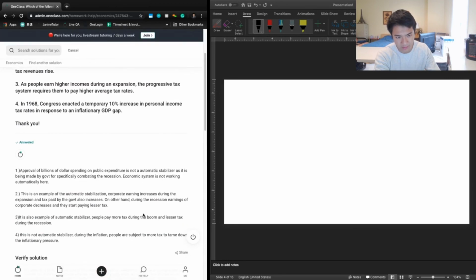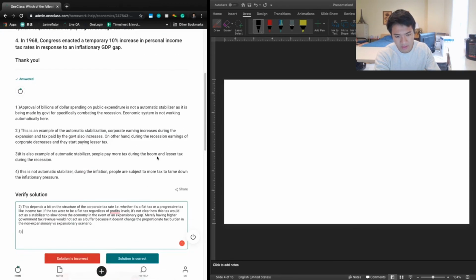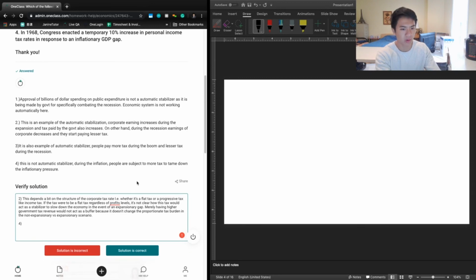I don't think this is an issue of whether or not they're subject to more tax. It's more so that this is not an automatic stabilizer because it is a policy that required action by Congress, i.e. discretionary.